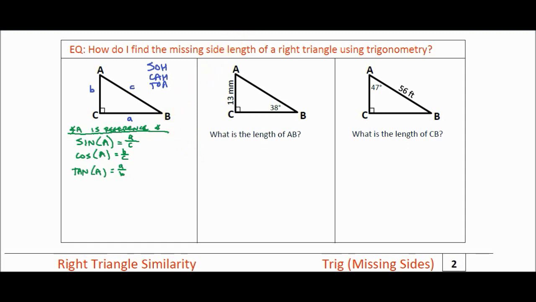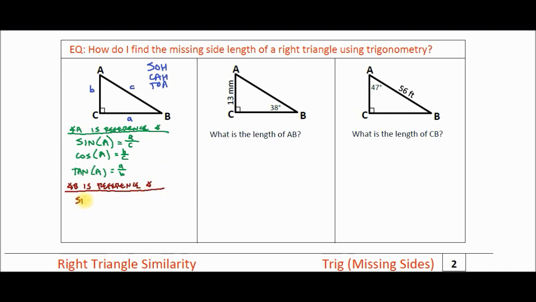But now the game changes when you change your reference angle. Let's say that you decided to use angle B as your reference angle. Watch what this does to your trig setup.